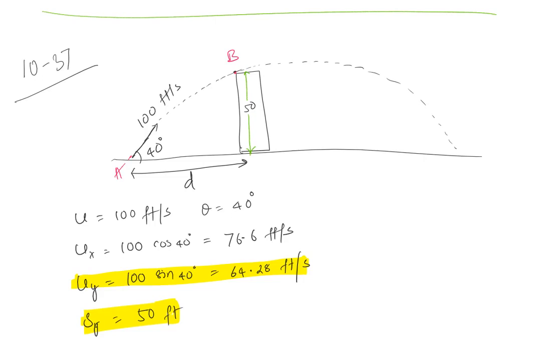From this we can find the time. In this much time, the ball has not just covered a vertical distance of 50 feet, it has also covered a horizontal distance d. We know the horizontal velocity, we know the time it takes, so from velocity and time, we can find distance.